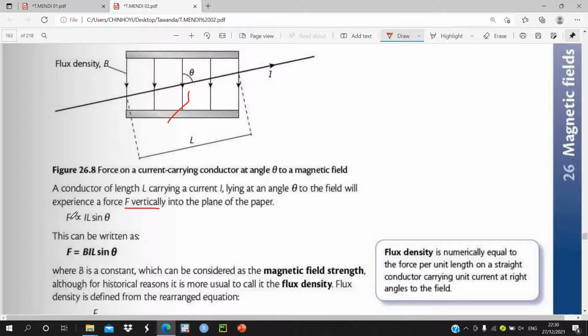This force is directly proportional to the current, and also to the length, and also to the angle at which the conductor is placed in the magnetic field.